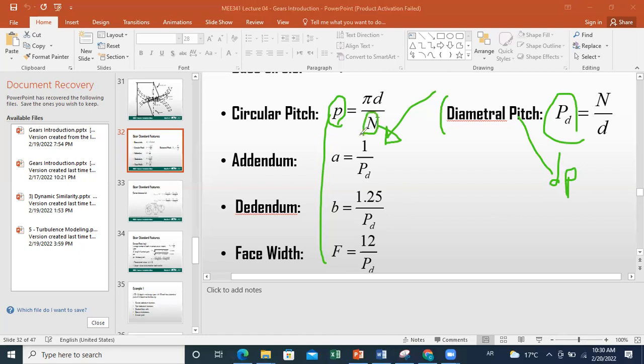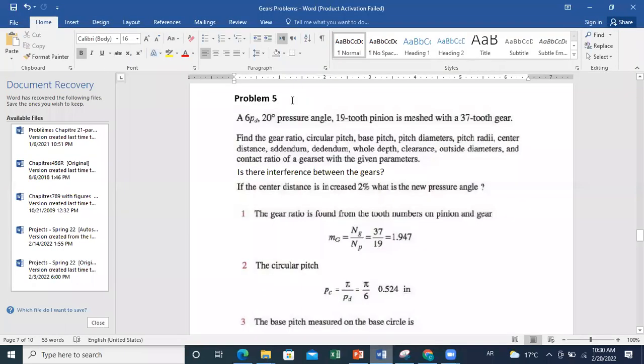Okay. So now, if we go back to our problem here, just for the circular pitch, instead of using just P, they consider a certain subscript for P. So P is equal to PC.